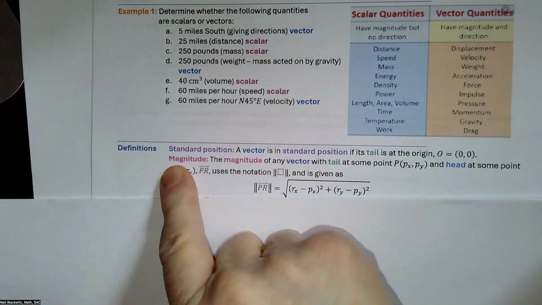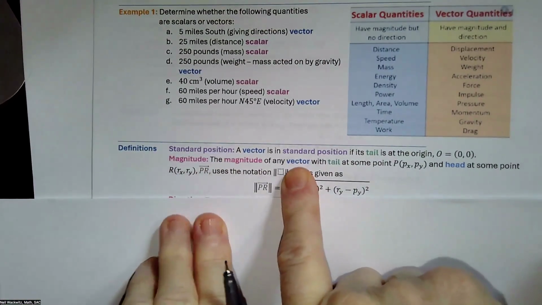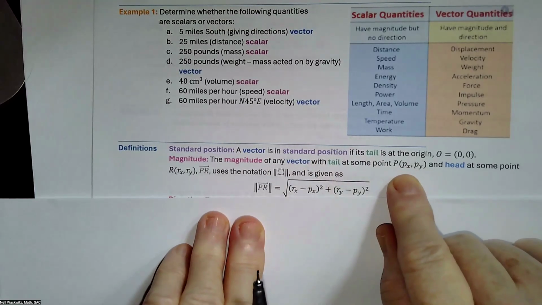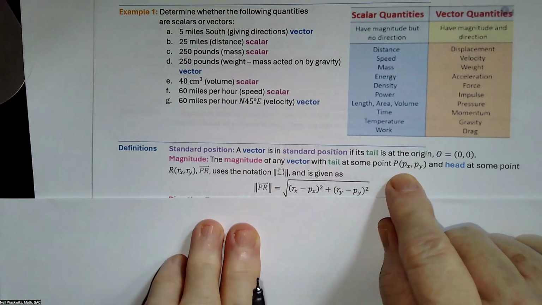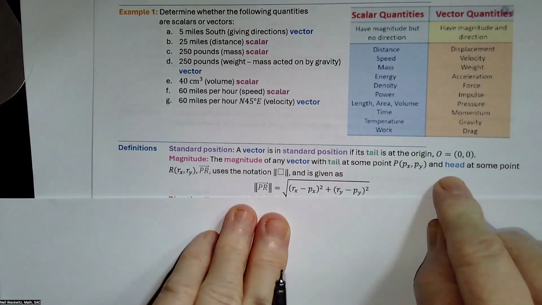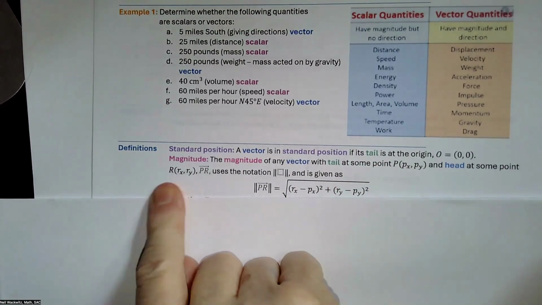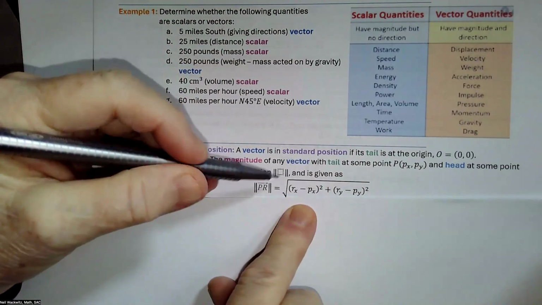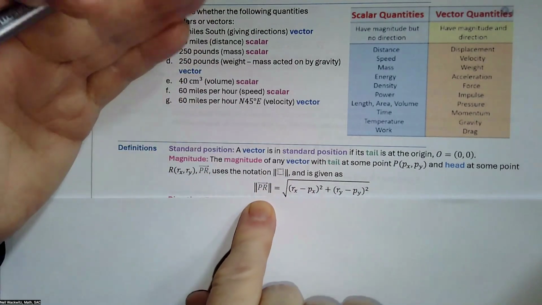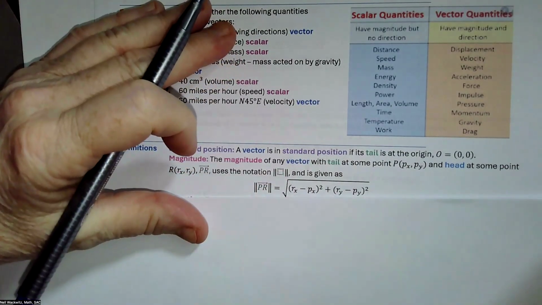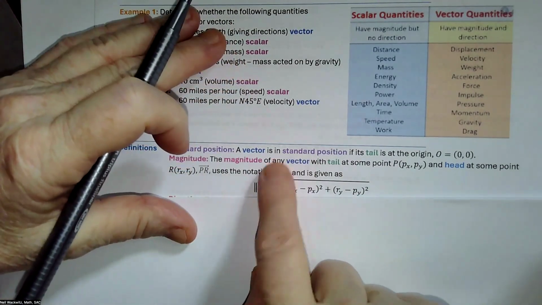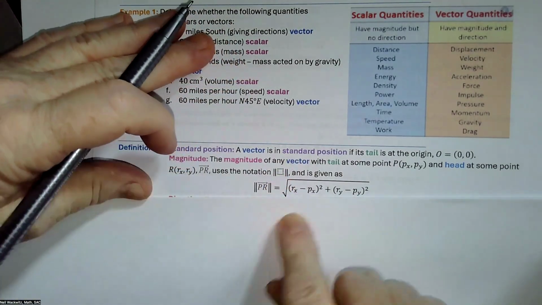The magnitude of a vector, if the tail is some point P, P sub X, P sub Y, and the head is some point R, R sub X, R sub Y. We use this notation with double bars. It looks like absolute value gone crazy, and it's a little similar, but we call this the magnitude of the vector.